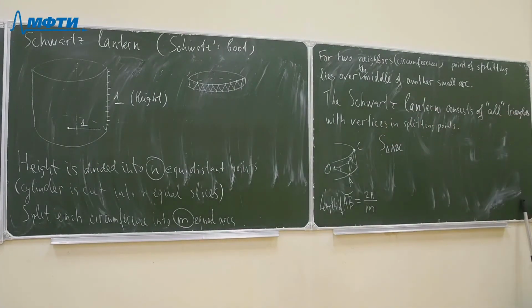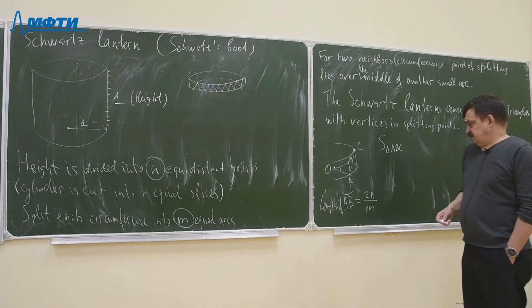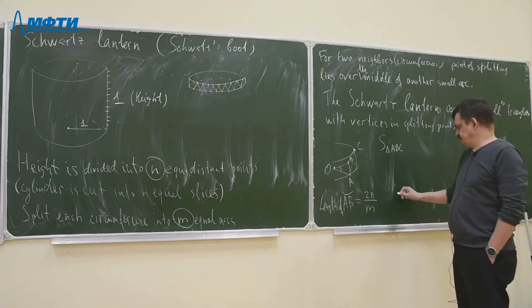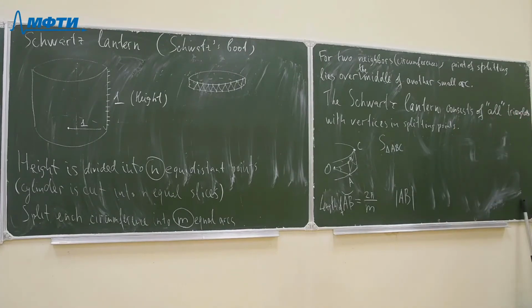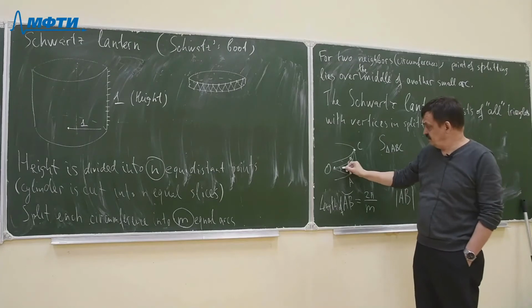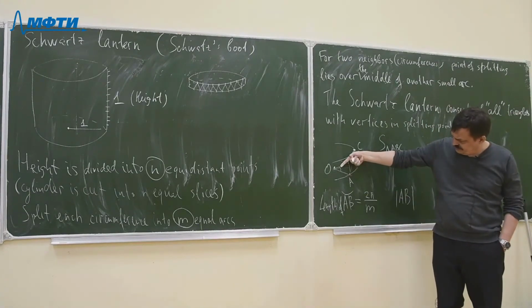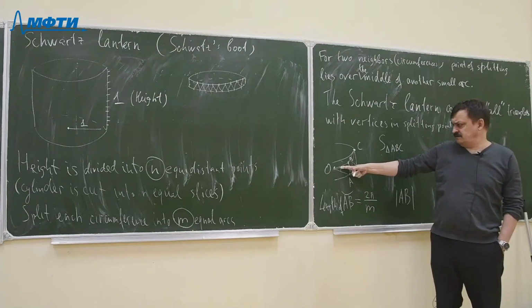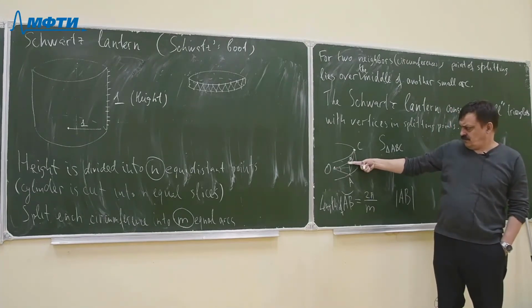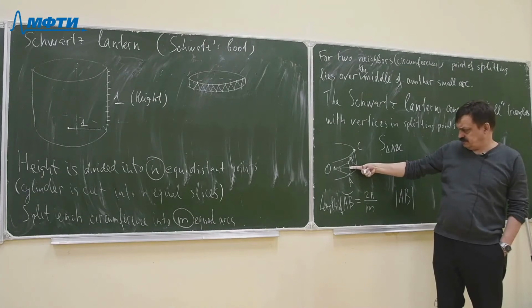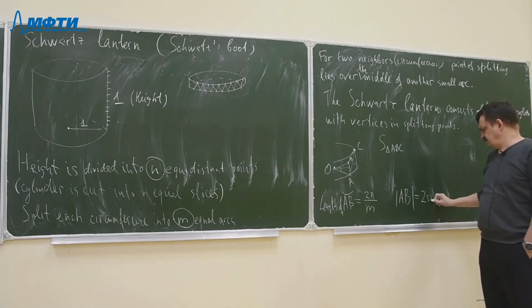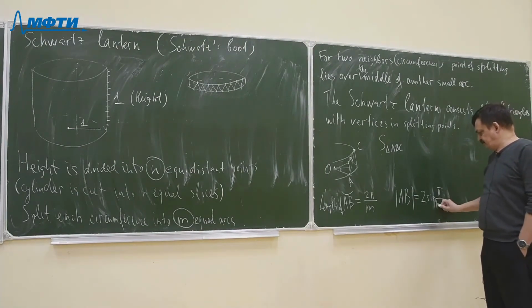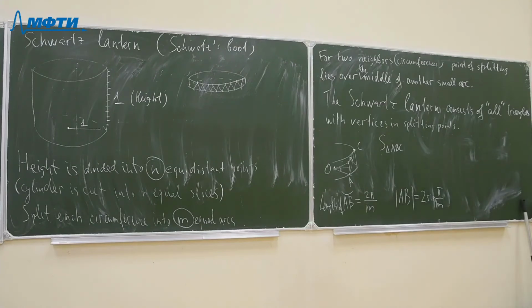If I denote O as the center of this circumference, this angle is 2 pi over m. So then what is the length AB? The half angle is pi over m, and OB is 1, hence we have AB equal to 2 times sine pi over m, right?